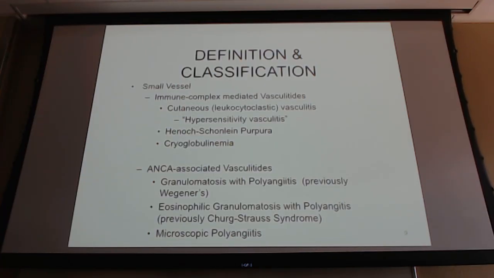Then we've got ANCA-associated vasculitides, so those are broken into granulomatosis with polyangiitis, eosinophilic granulomatosis with polyangiitis, and microscopic polyangiitis. So those are some of the ones that are associated, whether it is small, medium, or large. We're going to spend a lot of time talking about the large stuff.